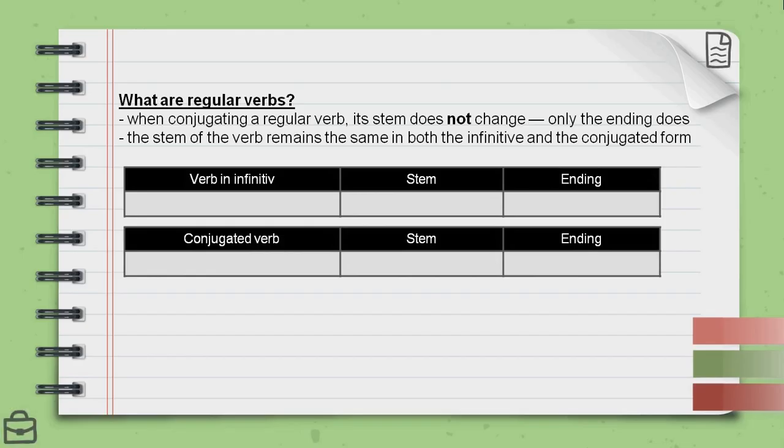For example, the verb in infinitive, kommen, meaning to come, the stem is kom plus the ending n. But the conjugated form, komme, for example in the first person singular, I come, is the stem kom plus the ending only the letter e.